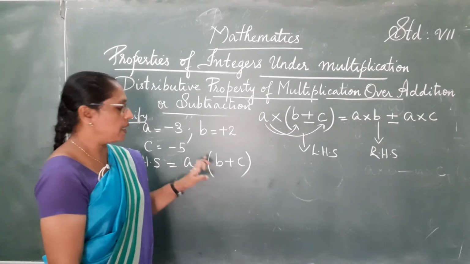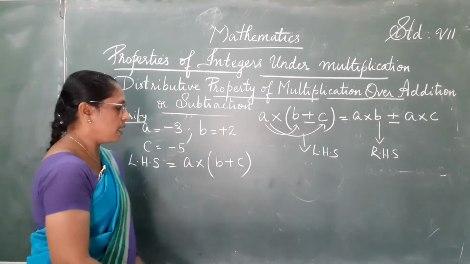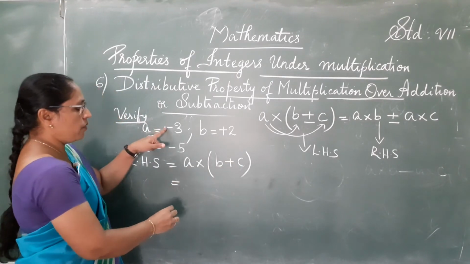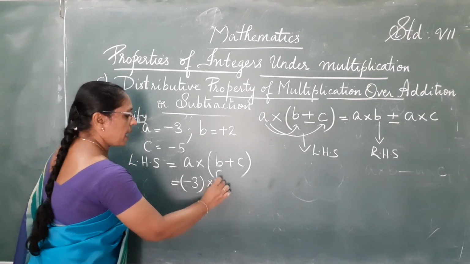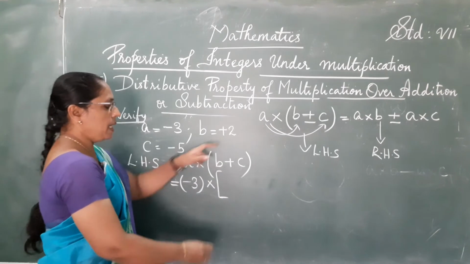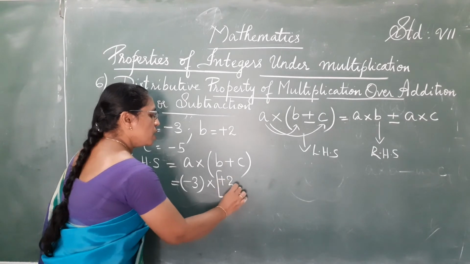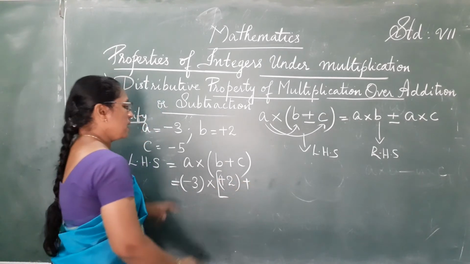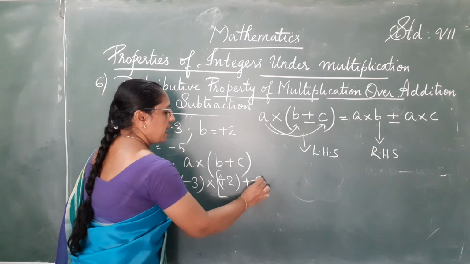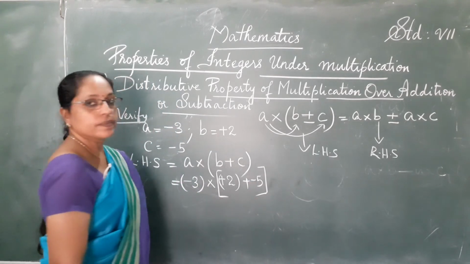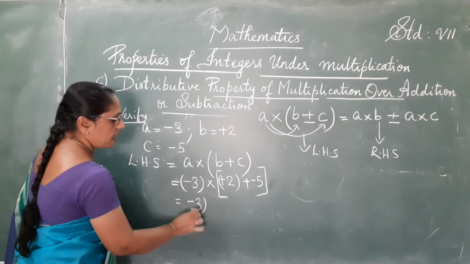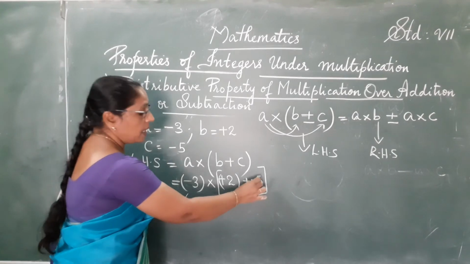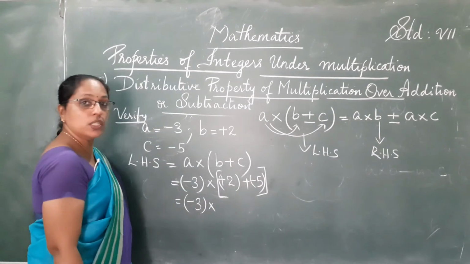Take the plus property, A into B plus C. So we put the value of A, negative 3, into bracket B, which is positive 2, plus C, which is negative 5. When you solve it, negative 3 into, here comes the addition of integers.